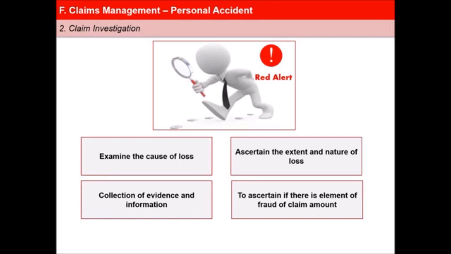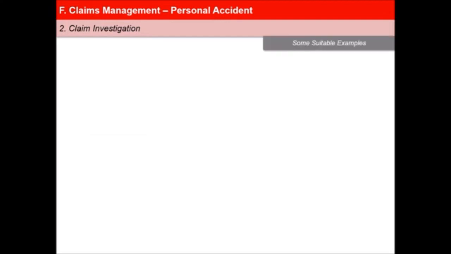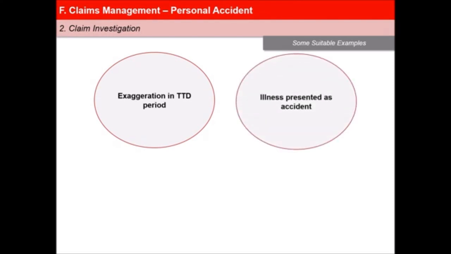Examples of red alerts for personal accident claims are discrepancy in the claim documents, multiple claims by same insured, indication of alcohol, suspected suicide, etc. Some examples of possible fraud and leakage in personal accident claims are exaggeration in TTD period, illness presented as accident.